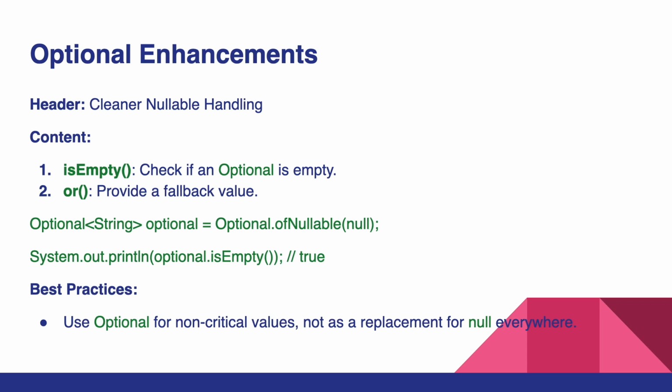With the or method, you can elegantly define default values in case of null entries. Remember, Optional is a tool, not a replacement for all null checks. Use it carefully to avoid overcomplicating your code.